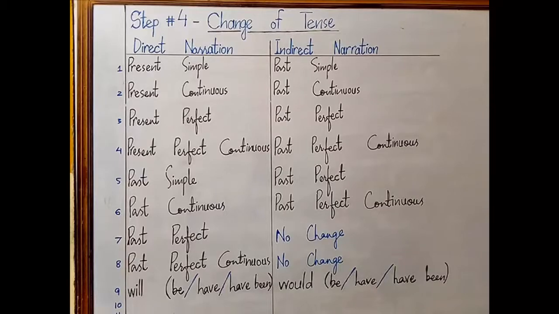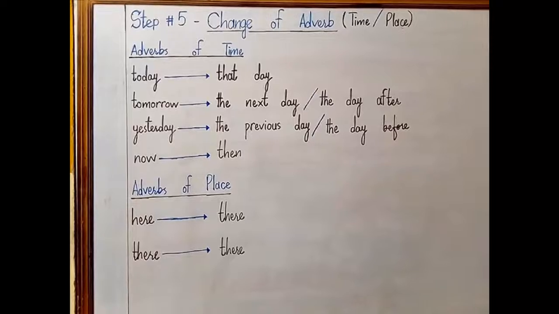Now we will move on to the last step, that is step number 5, change of adverb. My brothers, I'll tell you that we make changes in the adverb of time and adverb of place. Both adverbs are written before you on the board. Adverb of time first.